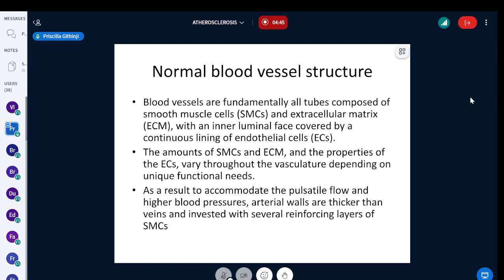So within the lumen, there's a continuous lining of endothelial cells, and beneath the endothelial cells you find the smooth muscle cells and extracellular matrix, which we're going to discuss in detail, especially as far as atherosclerosis is concerned. The amount of smooth muscle cells and extracellular matrix and the properties of the endothelial cells vary throughout the vasculature depending on the unique functional needs of our blood vessels.